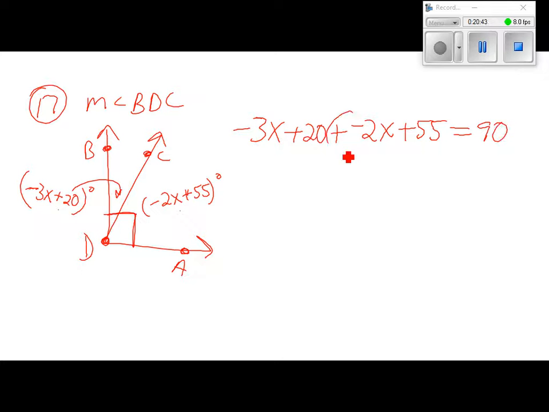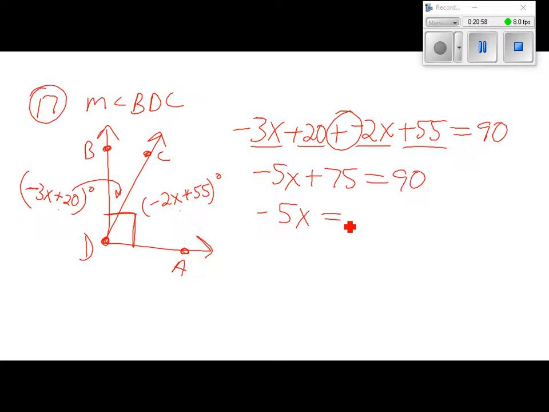Really didn't need this plus and minus in there. Negative 3x and negative 2x gives us negative 5x. 20 and 55 gives us 75 equals 90. Subtract 75 on both sides and you end up with 15. Divide by negative 5 and you end up with x equals negative 3.